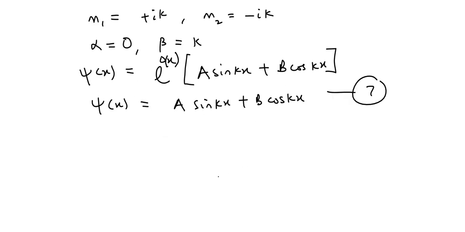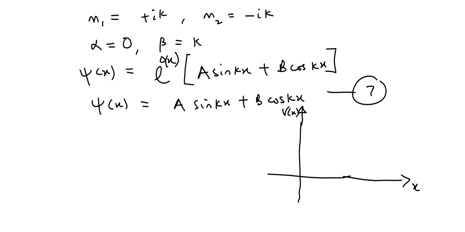Now I told you that to determine these constants a and b, we need to use the boundary conditions. So our boundary condition is that, let me plot the potential again. This is x and this is V of x.